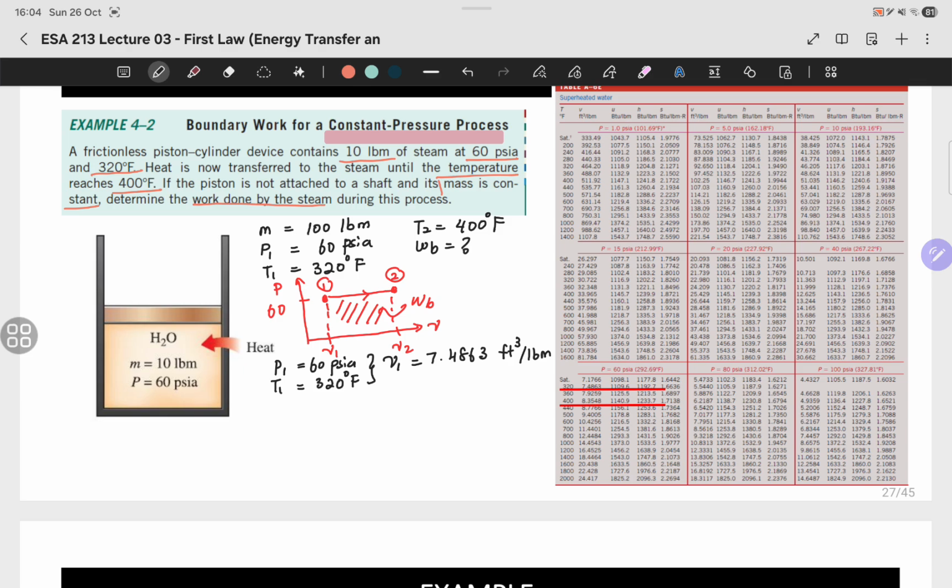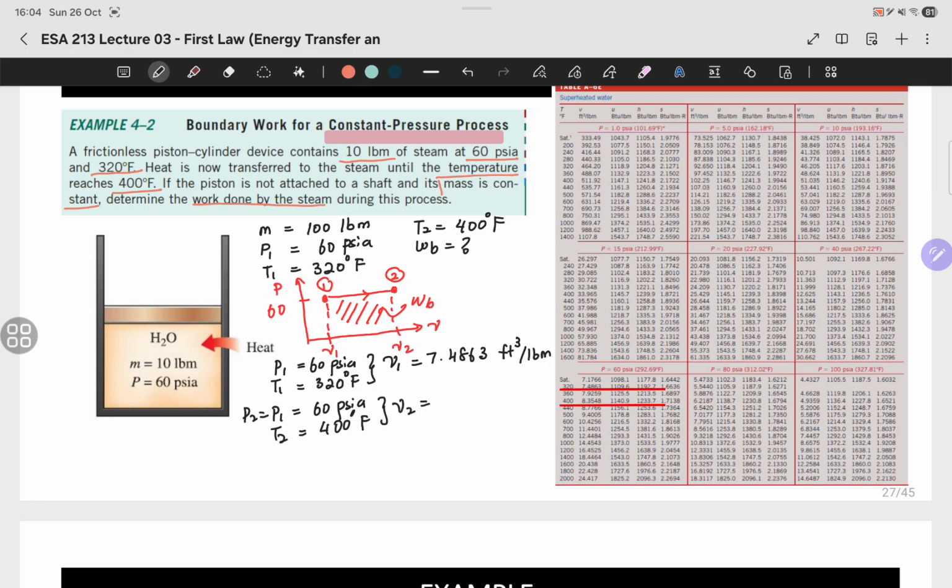Since the pressure is constant, we look again at the table where P equals 60 psia, and we check for temperature 400 degrees Fahrenheit, which is here. Let's write down here: P1 is equal to P2, and T2 is 400 degrees Fahrenheit.